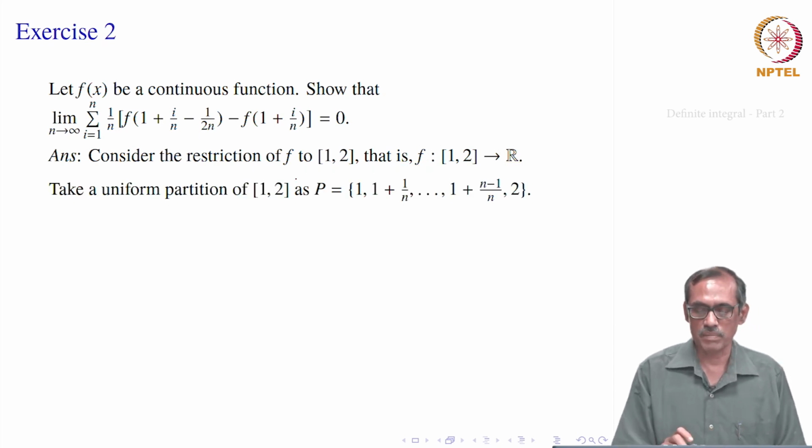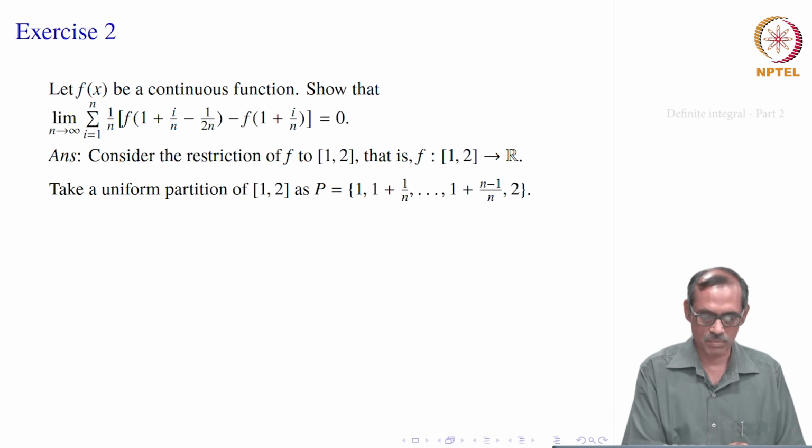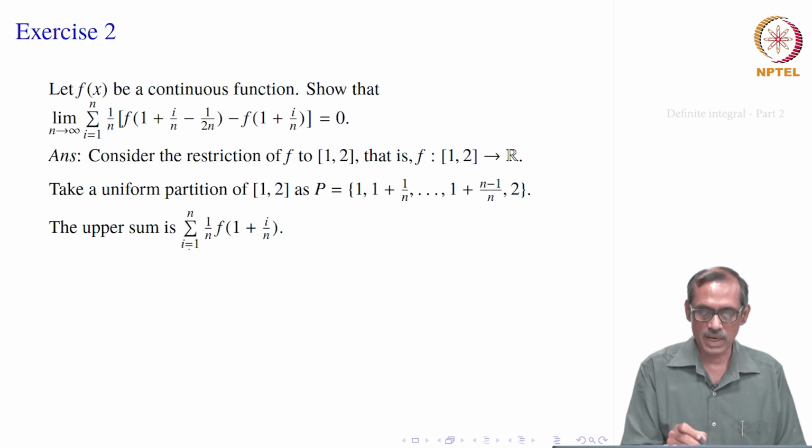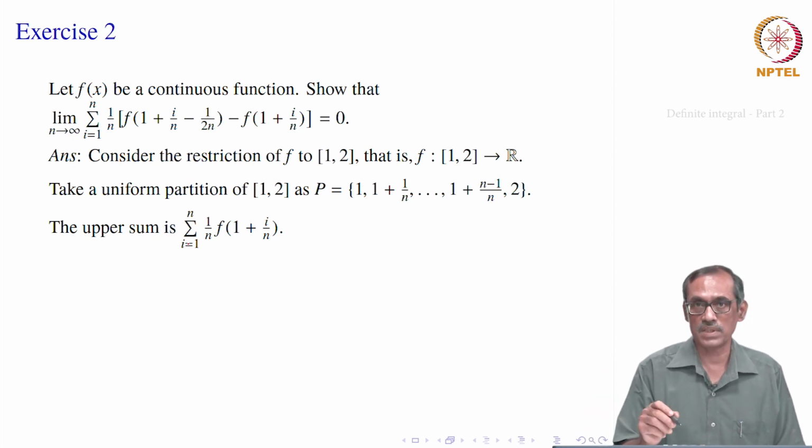Now, we take a uniform partition of [1, 2], say 1, 1 plus 1 by n, and so on, 1 plus (n minus 1) by n, and the last point is 2. Then formulate the upper sum. The upper sum is 1 by n into f of... where? It is not really an upper sum, it is the sum at the right endpoint, because an upper sum means the function should achieve its maximum value.